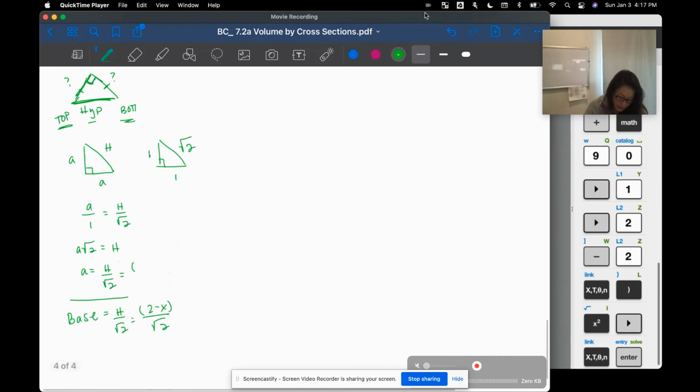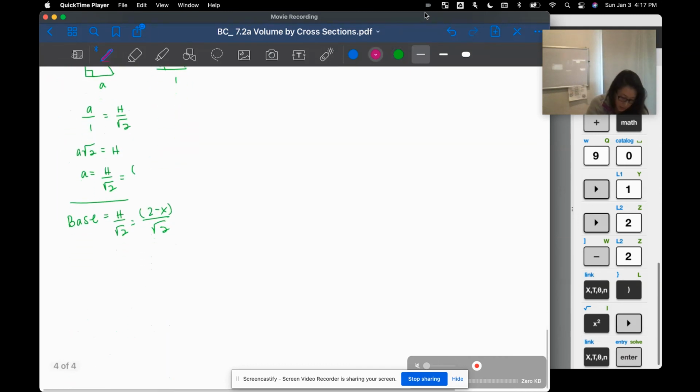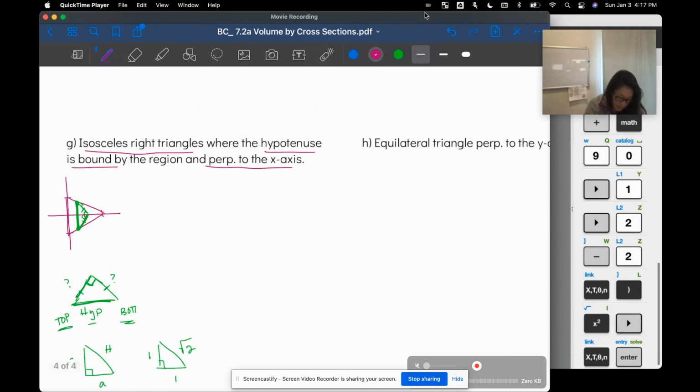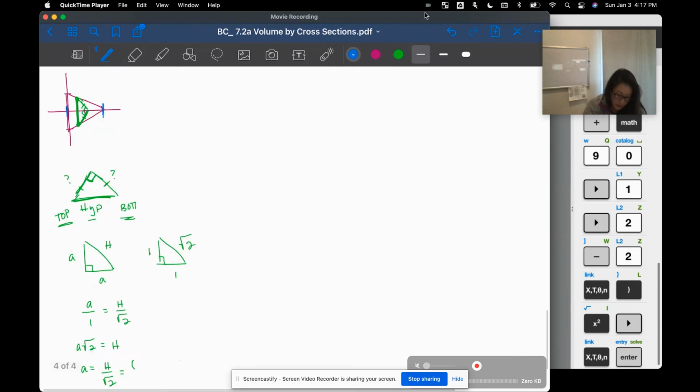All right, next up, we need to take the integral. So the volume is equal to the integral from 0 to 2, because our shapes are coming out of our base from 0 to 2, okay?